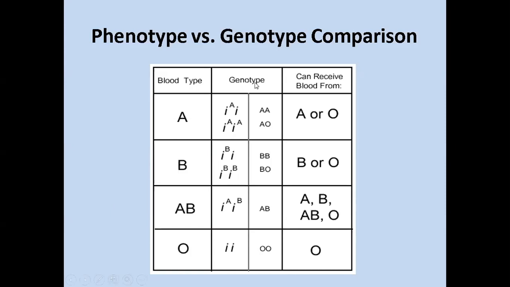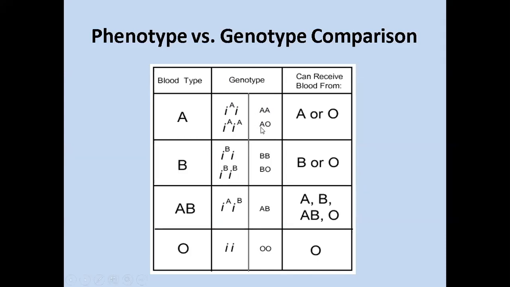But as far as their genotype, it could be one of two different patterns of inheritance for this individual. So they could be homozygous, and they could have inherited an A allele from mom and an A allele from dad. That would give them blood type A. This is a phenotype.